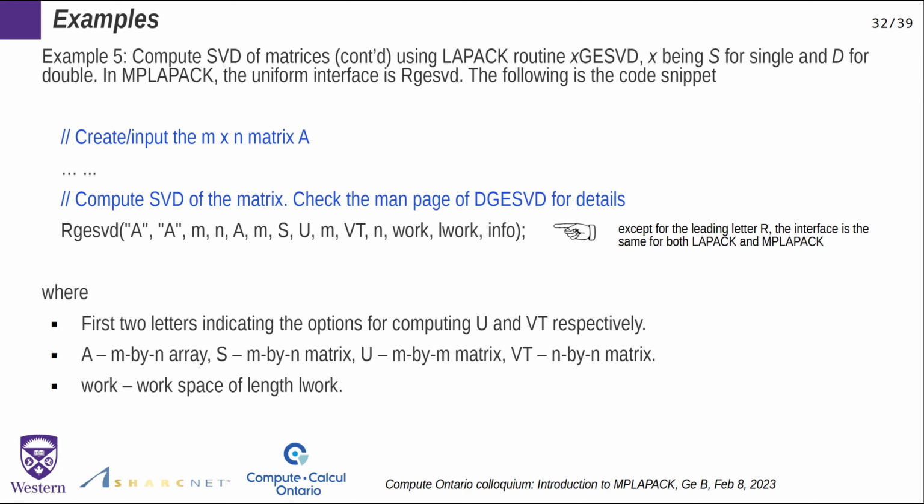Essentially, it performs the computation of scalar alpha times the matrix A times the matrix B (I have a typo here, instead of X), plus a scalar beta times matrix C, and the result is stored in matrix C. Okay.